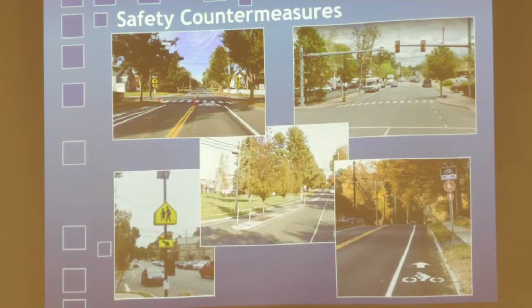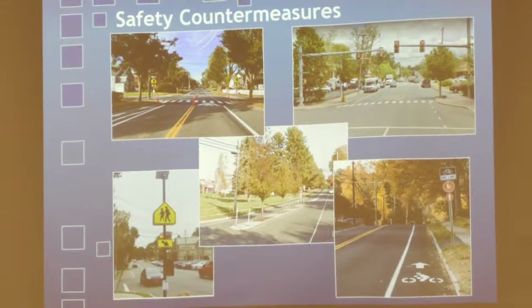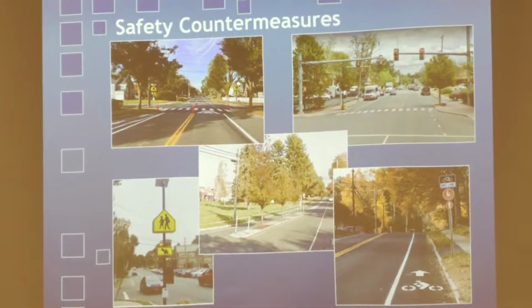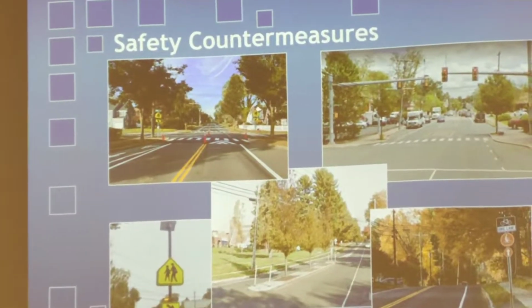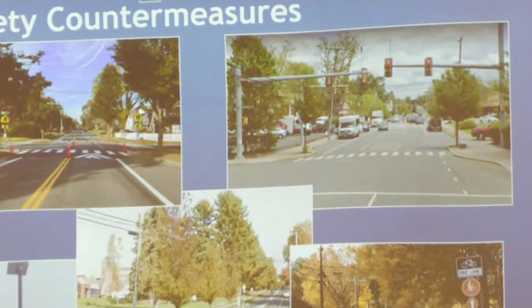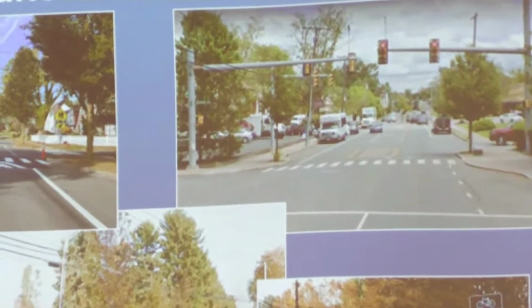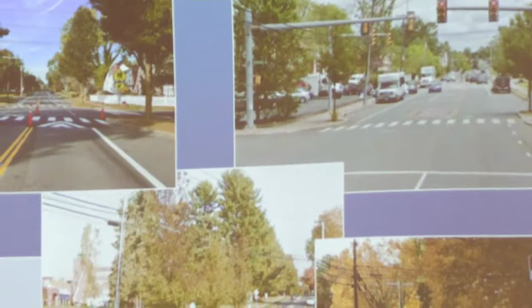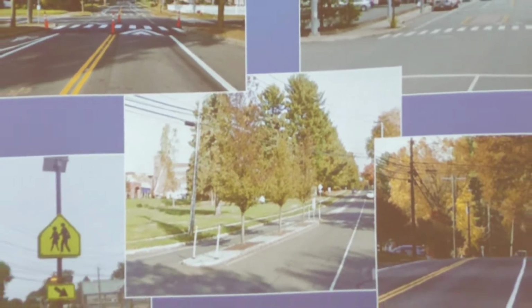So these are some images of some of the things that I just talked about. Upper left is the raised crosswalk. I think that's the one at Boulevard. The upper right is the curb extensions, where the new curbing is brought closer to the center of the road. And the goal of that is to shorten the crosswalk distance and improve sightlines.